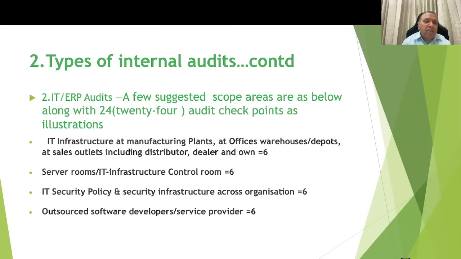Third one is the IT ERP audit, which is basically four kinds of audits. One is the IT infrastructure at plants, offices, warehouses, depots, distributors, dealers, etc. Then server room, IT infrastructure control room audit, IT security policy and security infrastructure audit, and outsourced software development service providers audit.